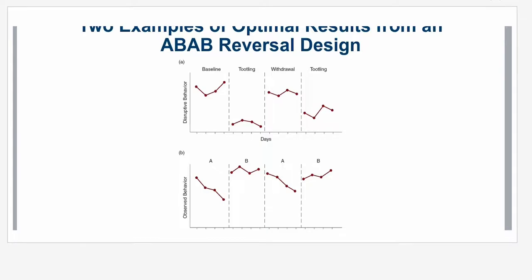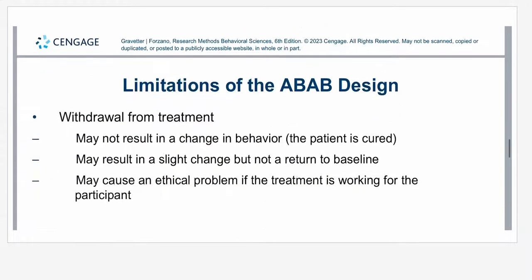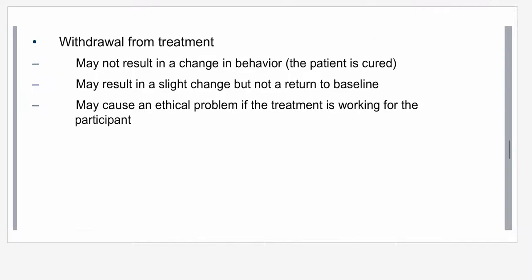But what if that withdrawal line was a lot lower and a lot closer to the treatment lines? If it's not quite a return to baseline, that can potentially be an issue, because it's saying, are there other variables influencing this besides the treatment?